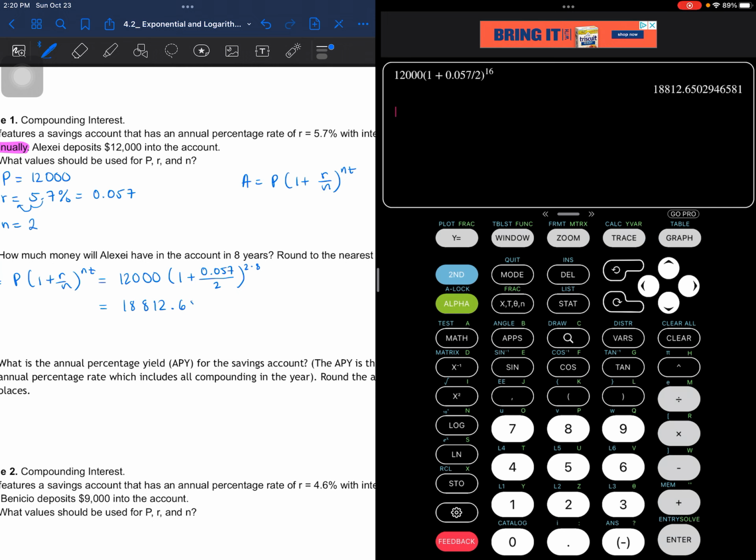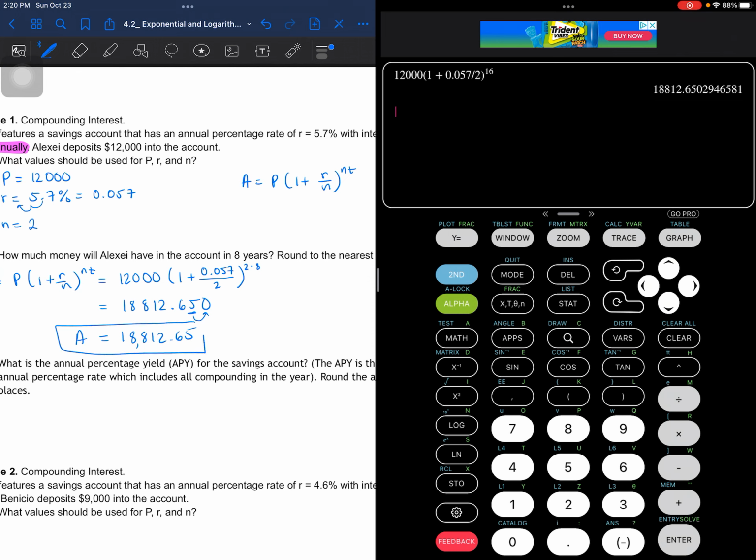And that's giving us 18,812.650, and they asked us to round this to the nearest penny. A penny is 1/100th of a dollar, so that's the 5. So we're going to test the previous number.